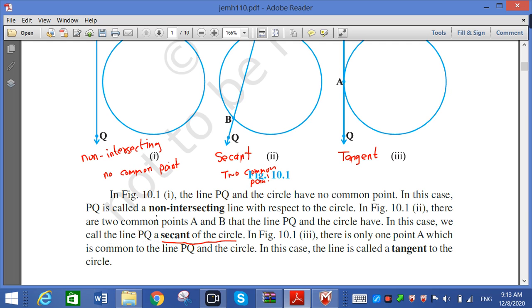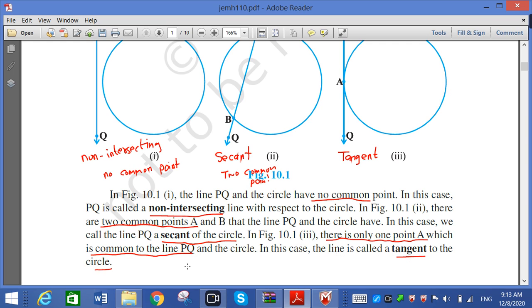So in the first condition, no common point, we say non-intersecting line. In the second condition, two common points, we say secant of the circle. And in the third condition, only one point A is common to the line PQ and the circle, and it is called a tangent to the circle.